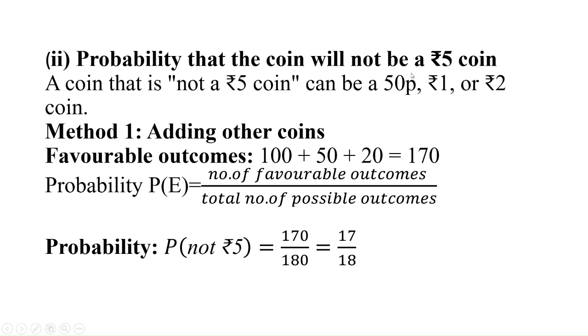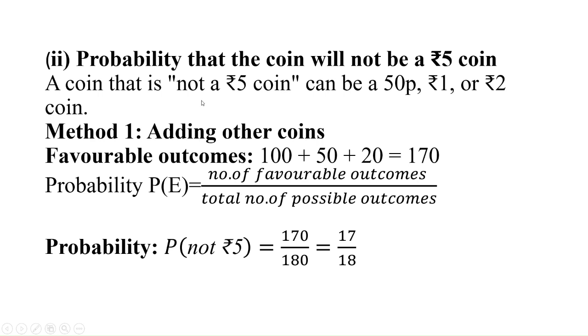We are not including 5 rupees coins here because we are finding the probability of the coin which is not a 5 rupees coin. So the probability of not getting a 5 rupees coin will be 170 by 180, that is equal to 17 by 18.